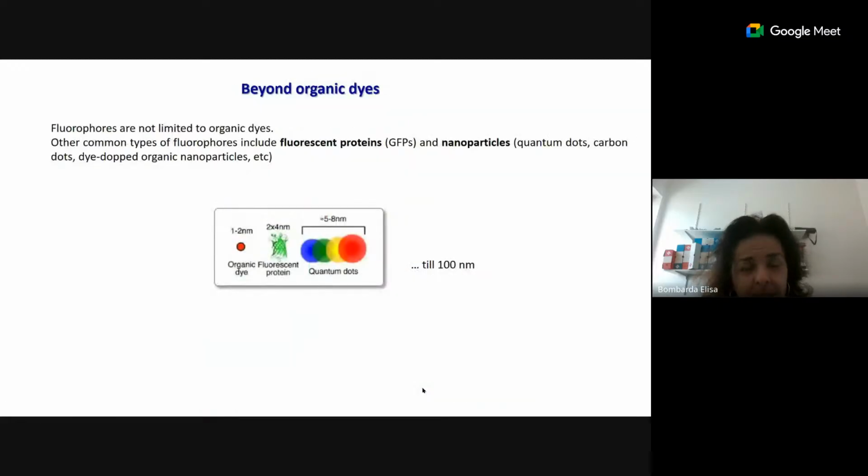So, okay, beyond organic dyes, there are also other extrinsic fluorophores. For example, fluorescent protein, which, at least the very first GFP, was natural, so that means a protein that you find in nature. Then it was also modified.